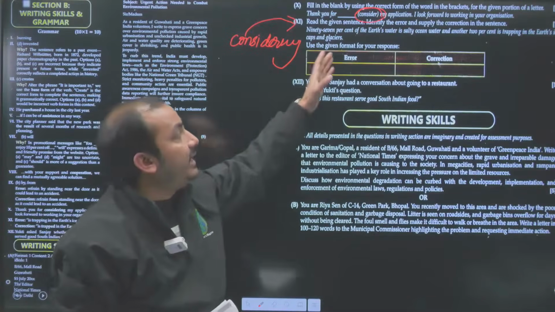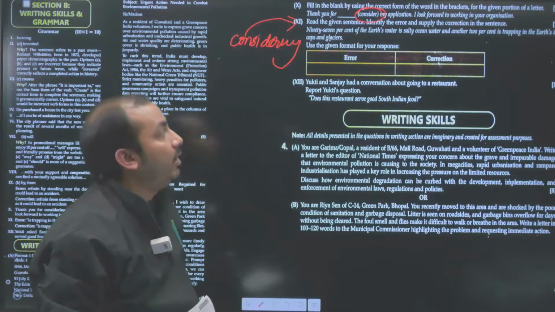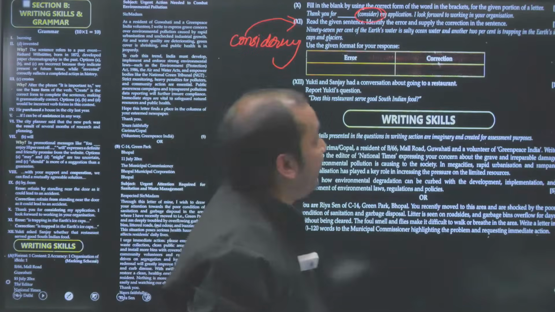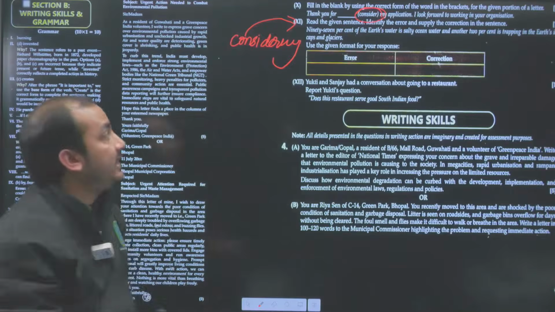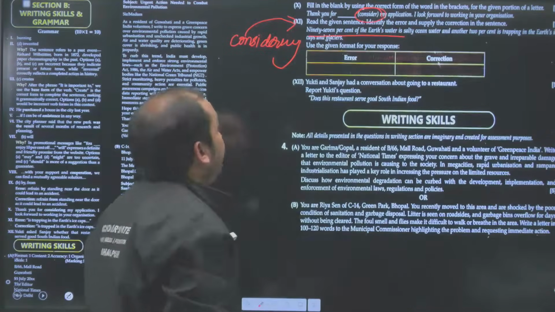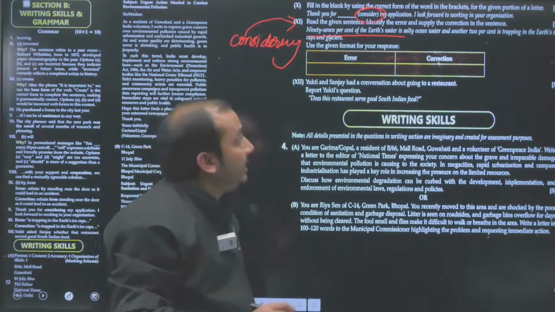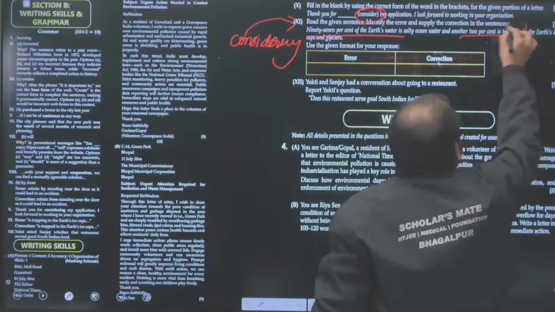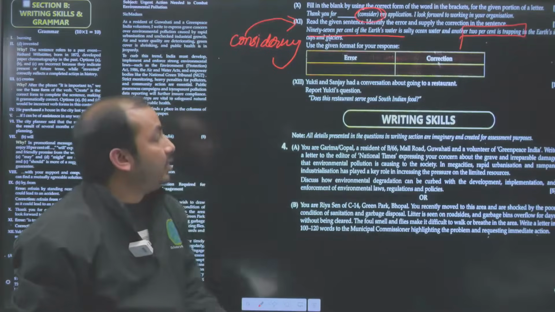Now, the next question is: read the given sentence, find the error and make the correction. 97% of the Earth's water is salty ocean water, and another 2% is trapping in the Earth's ice caps and glaciers. As we can see, the information given is that 97% of the Earth's water is salty, and another 2% is trapping. This part of the sentence does not belong to the present continuous tense.